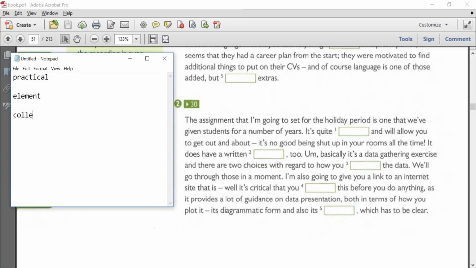We'll go through those in a moment. I'm also going to give you a link to an internet site that is, well, it's critical that you review this before you do anything, as it provides a lot of guidance on data presentation, both in terms of how you plot it, its diagrammatic form, and also its description, which has to be clear.